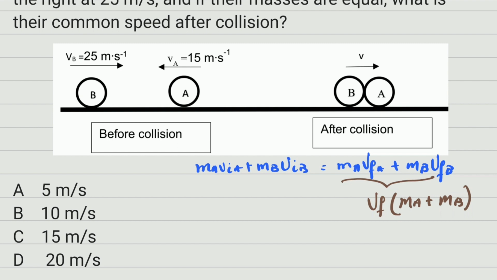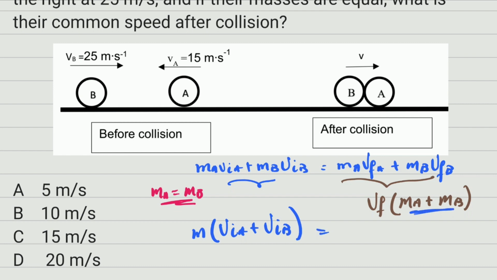Now, what else do we have to know? We have to know that mass A is going to be equal to mass B because there is the same type of balls here. So if you then work with the masses, it's really not bad. On this side, I'm going to just write m, the common factor, multiplied by vi A plus vi B, equal to 2 m vf.